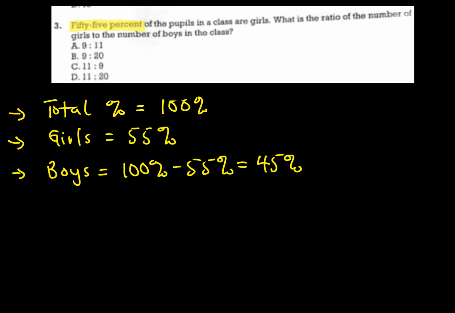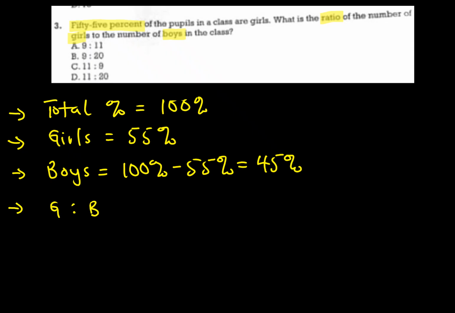But the question asks for the ratio. So here the keyword is ratio of the number of girls to the number of boys. Anytime we are talking about ratio, we are talking about division, and if we represent girls with G, then it's going to be G is to B, where B is the percentage of boys.